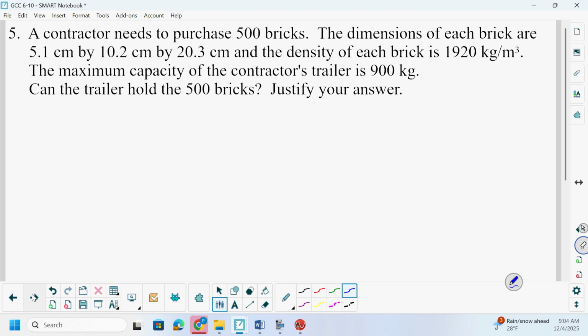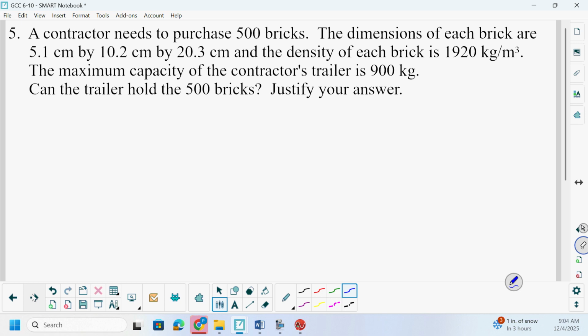All right, so our goal in this is to find what would the mass of 500 bricks be, and then to be able to compare that to the capacity of the trailer, which is 900 kilograms, basically to see if the trailer can hold the number of bricks that we need.